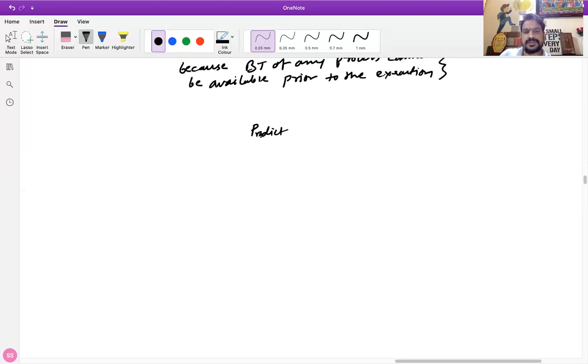So, predict the burst time of any process. To predict the burst time of any process, we have actually two methods.